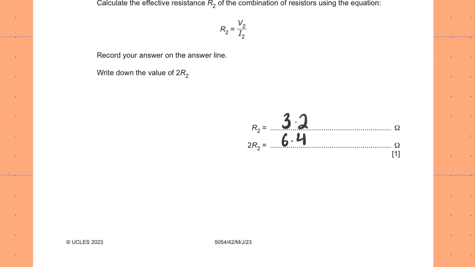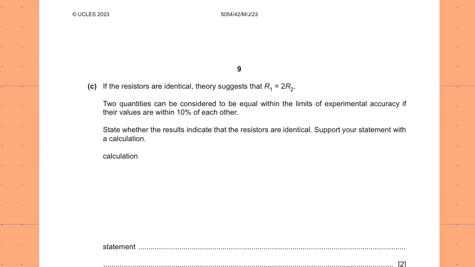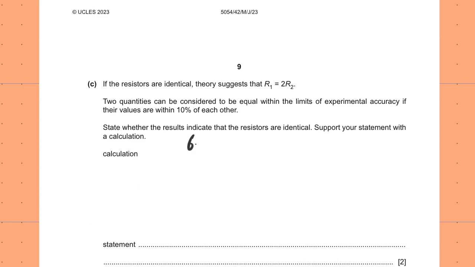So R1 was 6.3 and 2R2 is 6.4. So you have 6.3 and 6.4. Now again we do 10% of 6.3, which is 0.63.